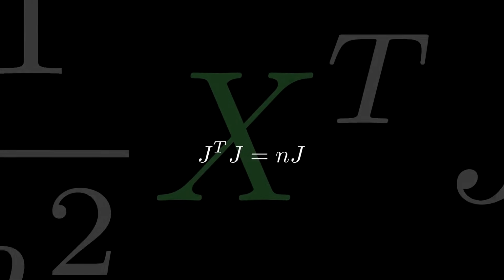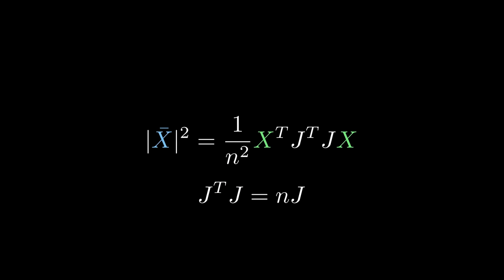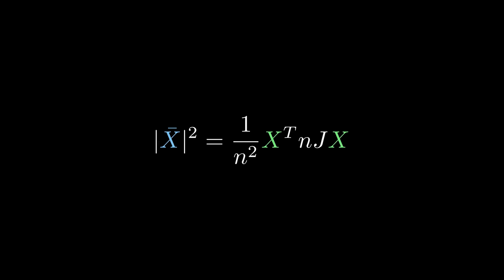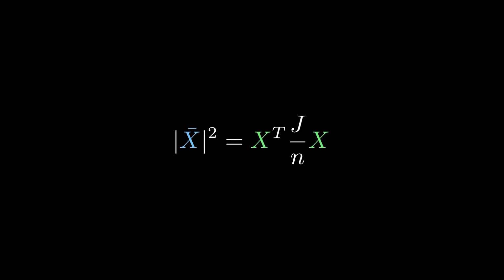We can then factor that back into n times J. So we've just figured out that J transpose J equals n times J. Back in our quadratic form, substituting that in, our final result for the squared length of the sample mean vector comes to x transpose times J over n times x.